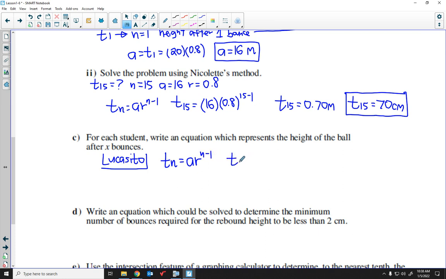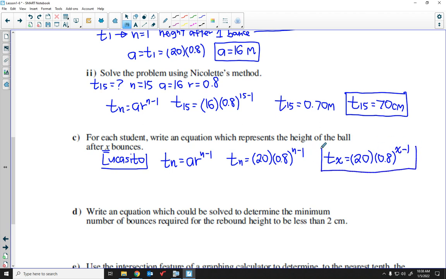So this would be Tn is equal to 20 multiplied by 0.8 to the n minus 1. Now it says instead of using n for the number of bounces, we're going to use x. So I'm just going to replace the n's here with x's. We'll write down Tx would then be equal to 20 times 0.8 to the x minus 1. Okay, so that's their equation.